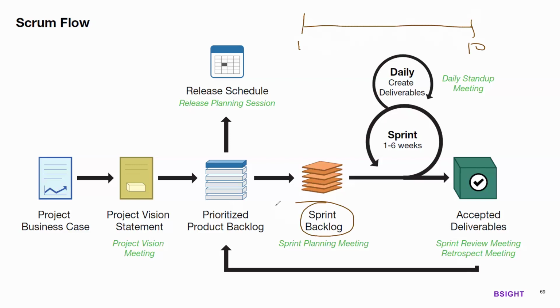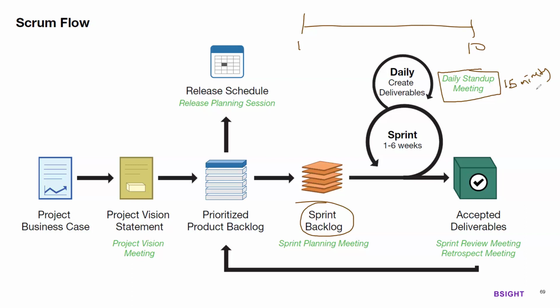Every day, there will be a meeting between the team members to discuss the progress and support required. That meeting is called the daily stand-up meeting. The duration of the daily stand-up meeting is 15 minutes, and it is also time boxed.